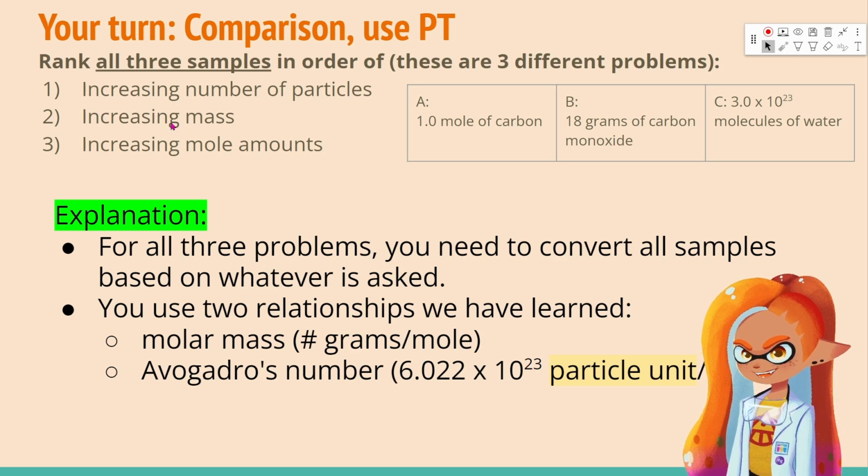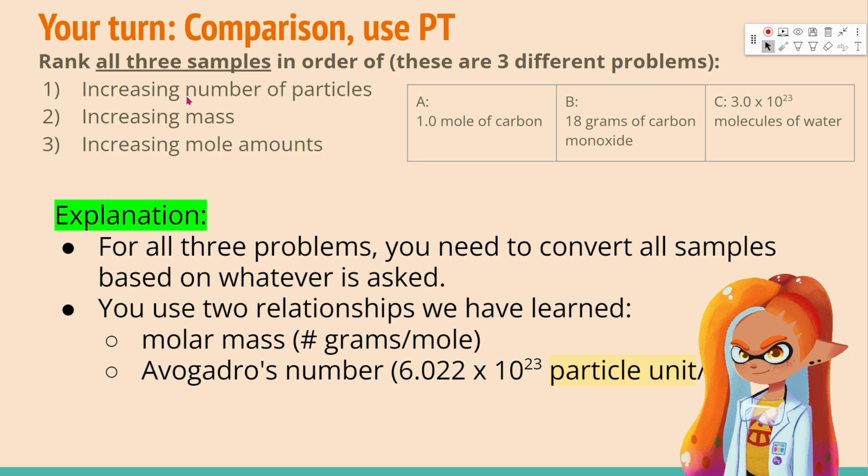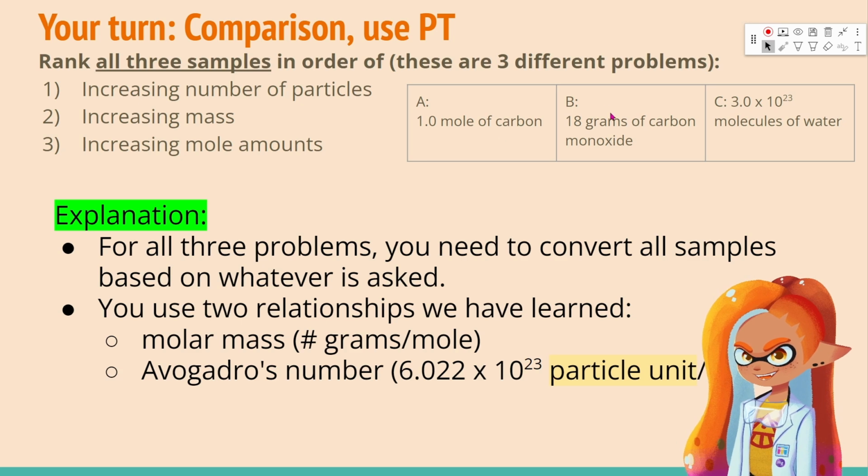We need to find the mass of A, B, and C. We need to find the moles of A, B, and C. So you need to do a bunch of conversions as practice. So again, for all 3 of these problems, you got to convert to whatever's asked. So particles for number 1, all 3 need to be in particles. Again, for increasing mass, you need to see the grams, and you rank them in order.